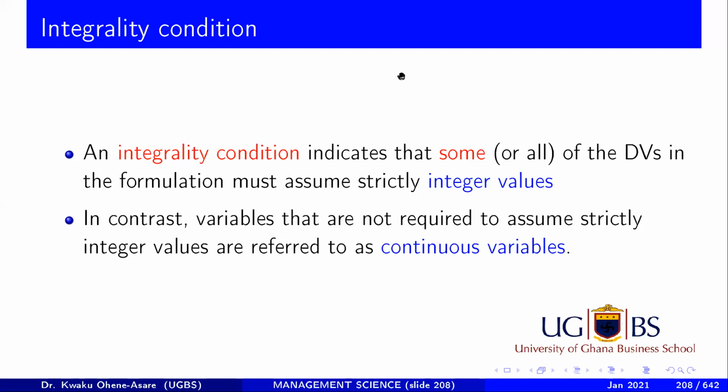But then you can also have whole numbers, mixed integers. Mixed integers means that some of them could be binary and some of them could be integers. For such ones, you apply the integrality constraint for whole numbers, and for the other ones, you apply the binary constraint.